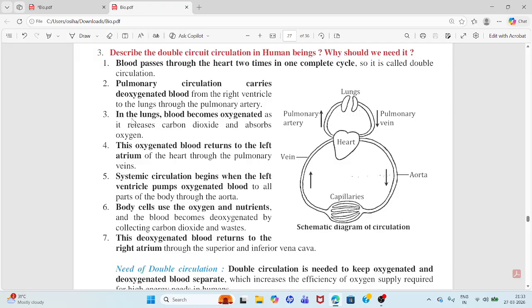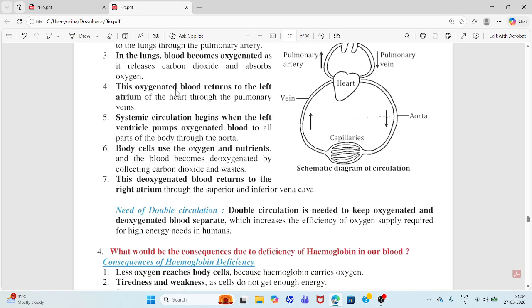You see the highlighted part. I'm going to read only the highlighted part, and the remaining you can read on your own. In the lungs, blood becomes oxygenated. This oxygenated blood returns to the left atrium.